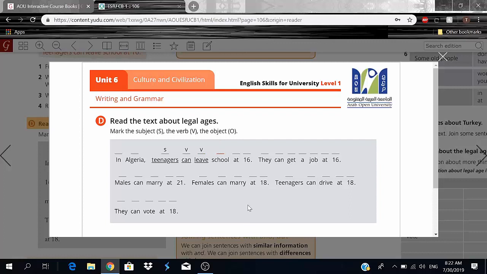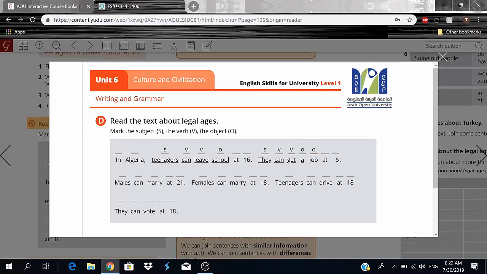And at 16 is simply just leave it blank. It's other. Okay, and then we have they can get a job at 16. So they will be the subject again. Can get will be the verb again. And a job will be the object. Okay? And at 16 is blank.